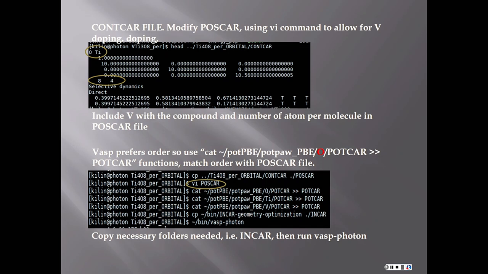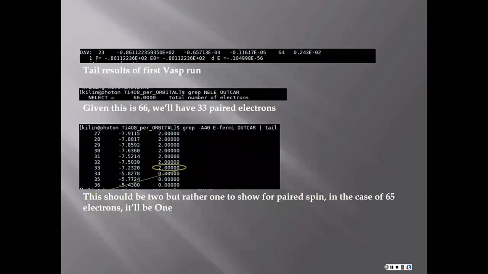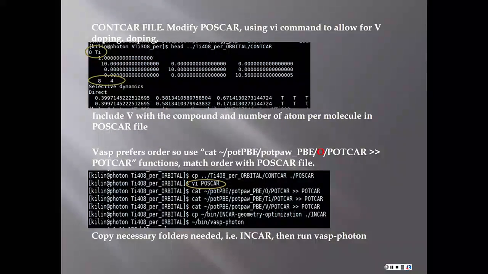And in this situation, we're trying to dope it, so to do that, you use the vi command and open your POSCAR file, and include the element you're trying to add right here. And then also include the number of atoms you're about to add.